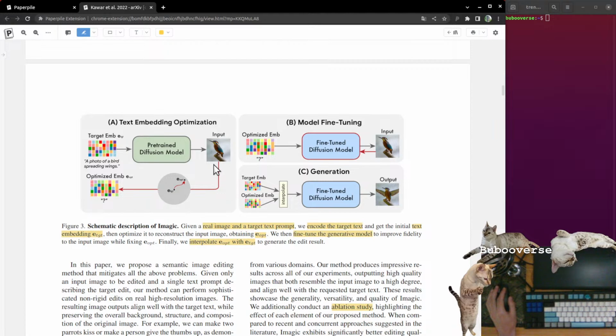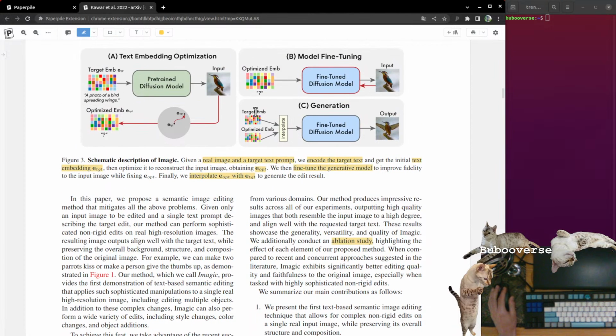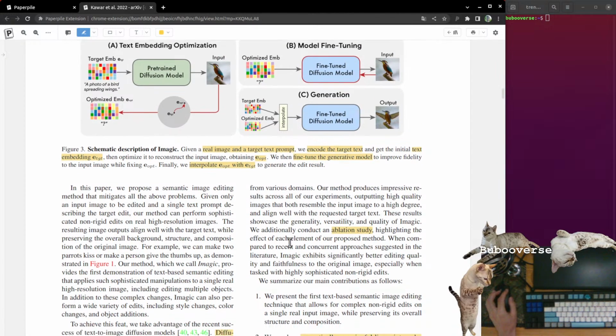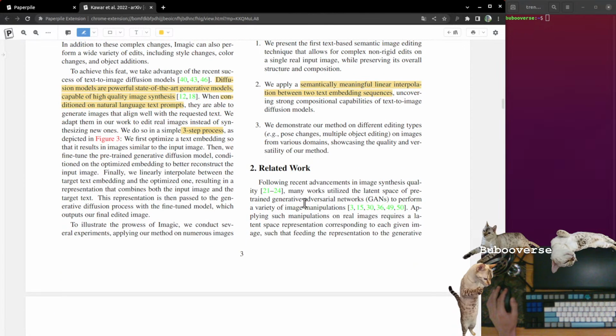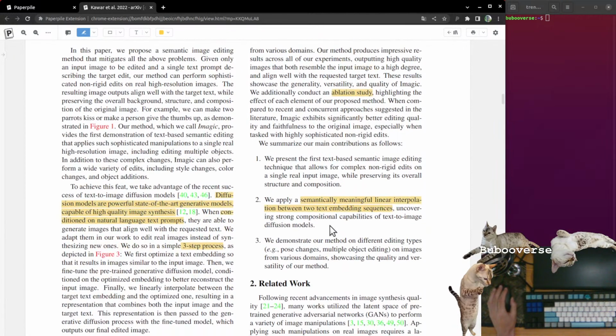The input image doesn't just kind of fuzz and become the second image, right? The interpolation between those two embeddings actually results in an image that is recognizable and is partway between a bird closing, a bird without its wings spread, and a bird with its wings spread.